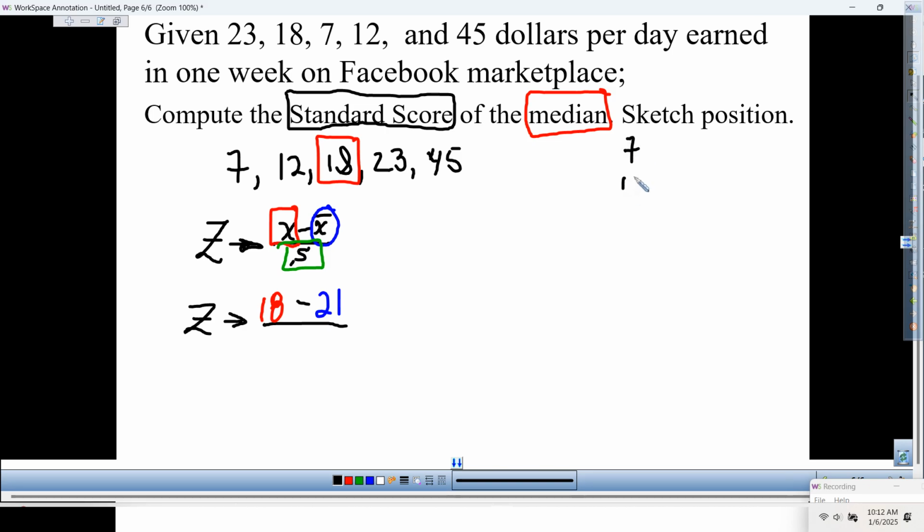Well, I jotted some stuff here for those of you that did the long way. For those of you that did the long way, you take the numbers, subtract the mean, get that number, square each one of them.